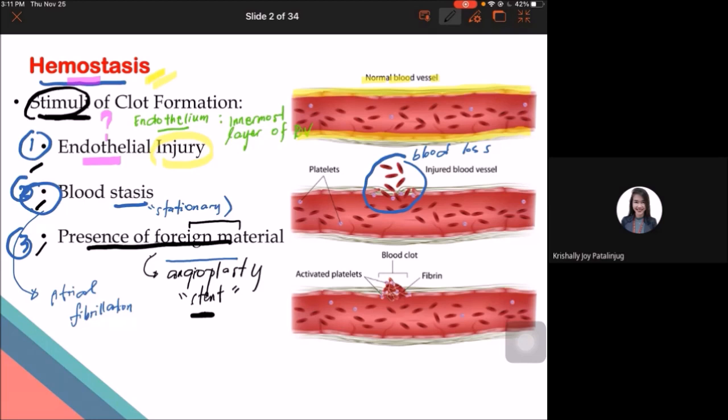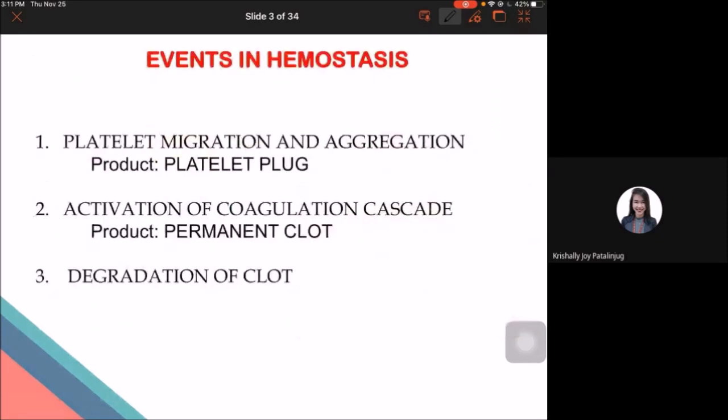Okay, next. Let us proceed naman on the different events on hemostasis. Remember, sa hemostasis, the goal is to make a blood clot. Kasi nga, blood clot formation. So, dapat ang goal na ay mabuo nga clot. Okay?